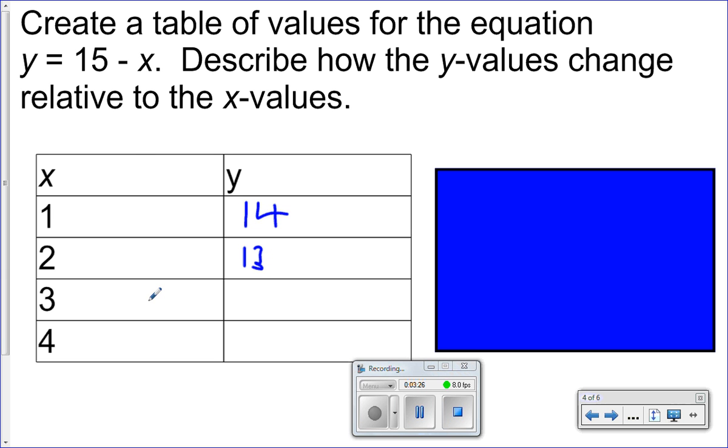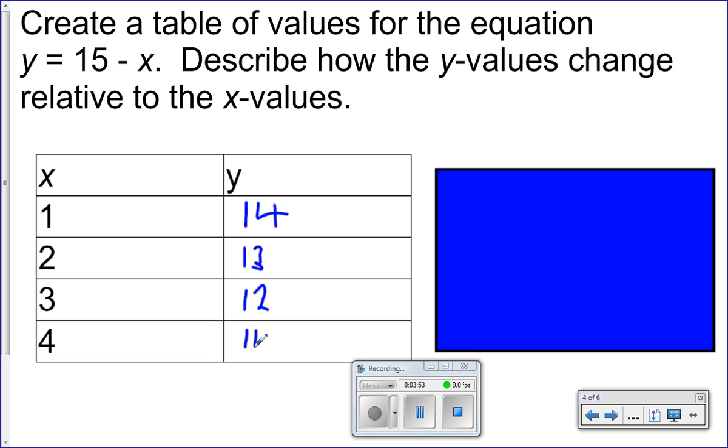If x equals 3, 15 take away 3 equals 12. And finally, if x equals 4, then 15 take away 4 equals 11.